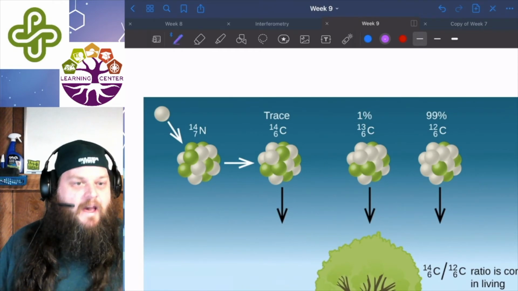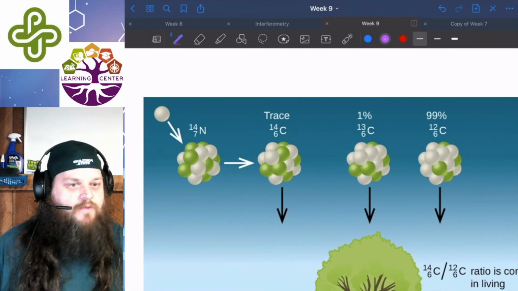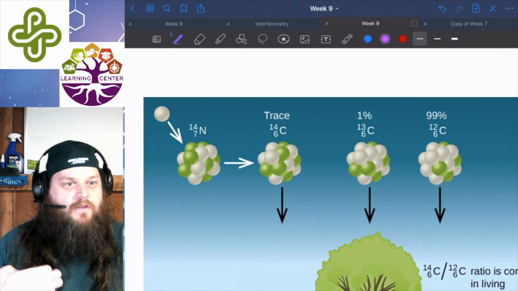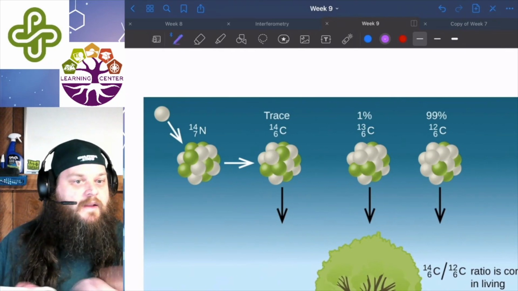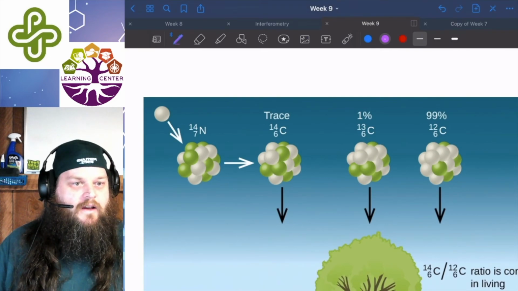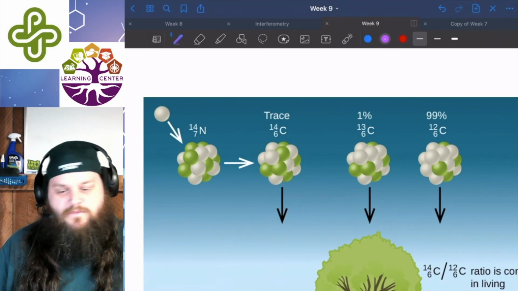Notice that what's happening there is we're taking one of those protons and turning it into a neutron. And we can see that because they both are 14. Nitrogen-14 produces carbon-14. The main difference there is we're gaining an electron, gaining a negative charge, turning a proton into a neutron.